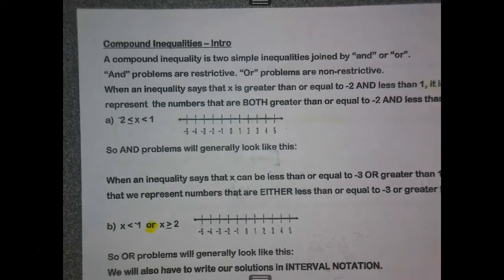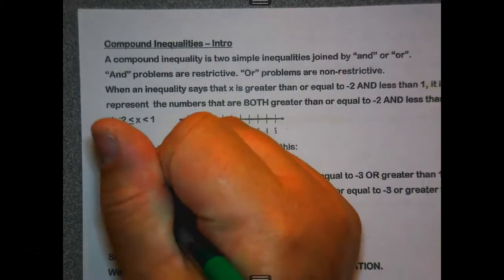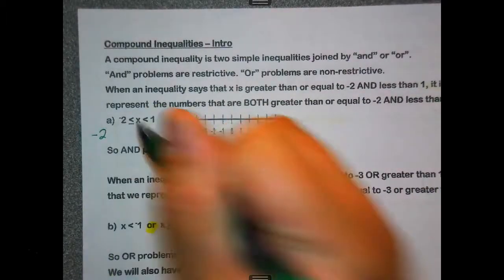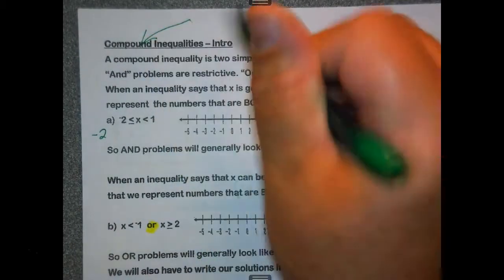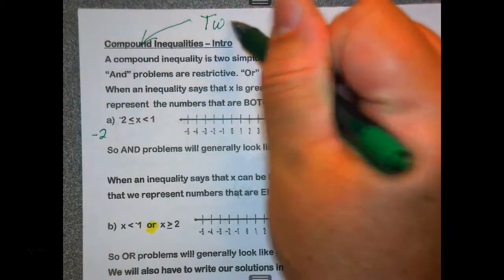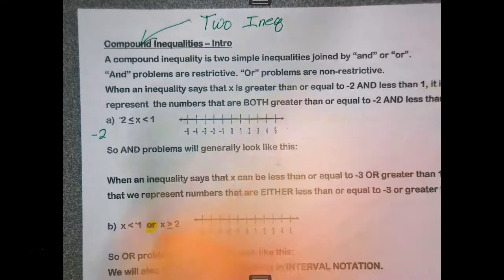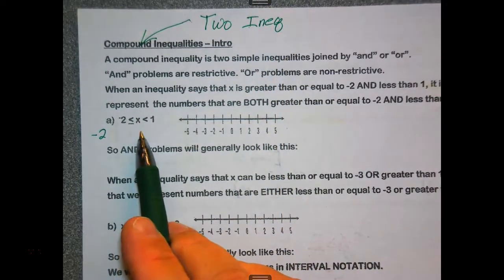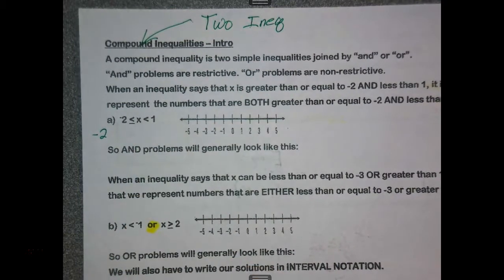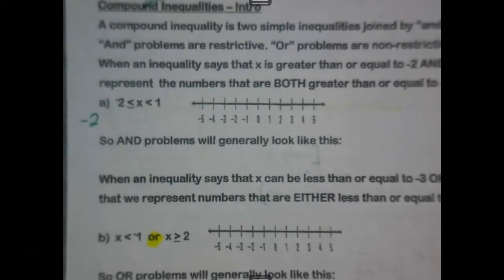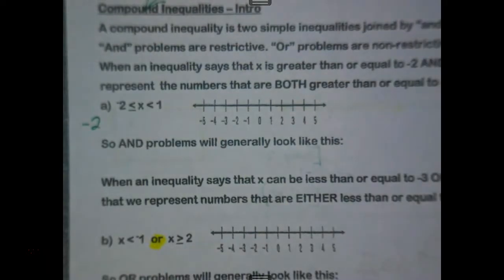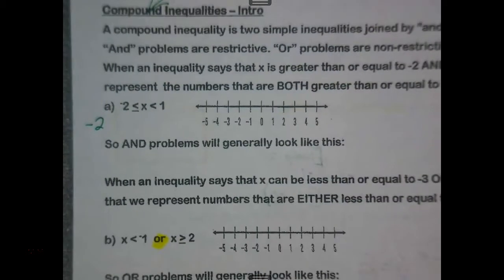This can actually be rewritten as -2. There's the compound. The word itself means that there are 2 inequalities. And you look at this and you're thinking, well, there's only 1 inequality. But it's not. There are 2 inequalities. They just combine them all into one statement.